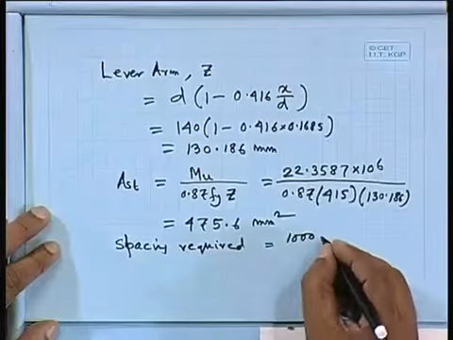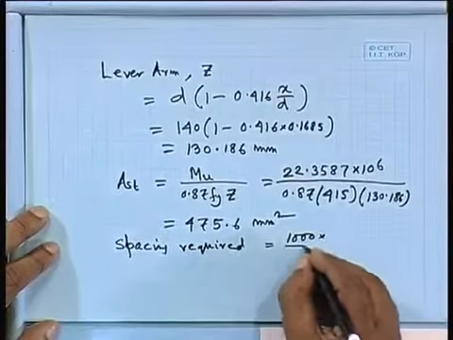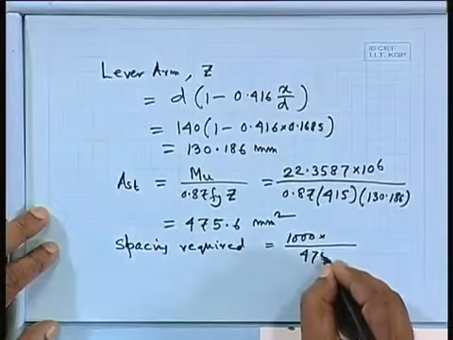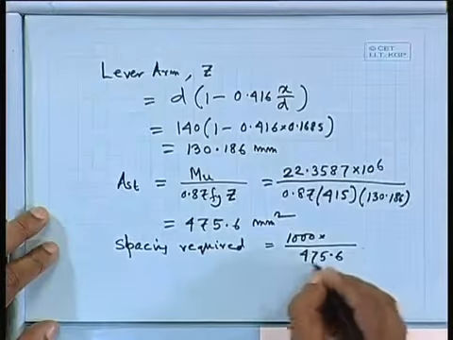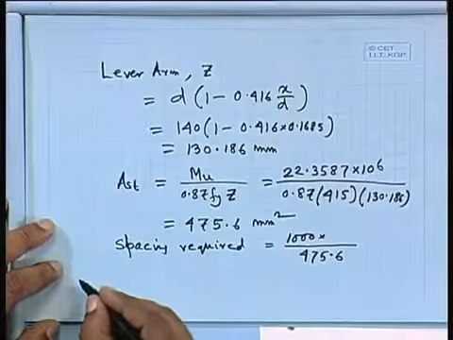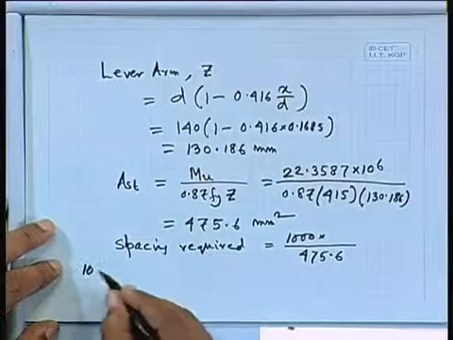1000 times... so how many bars do we require? 475.6 is the area of steel. For the individual bar, let us take say 10 millimeter.